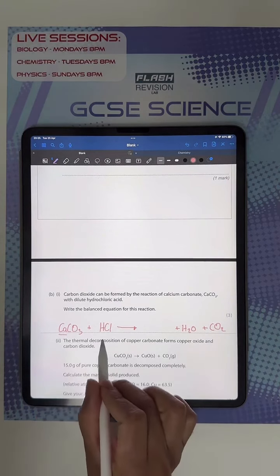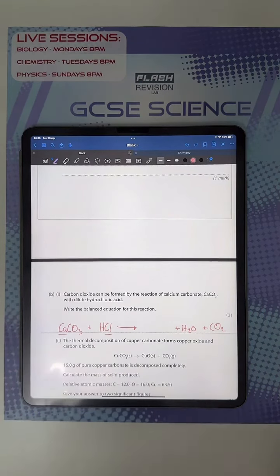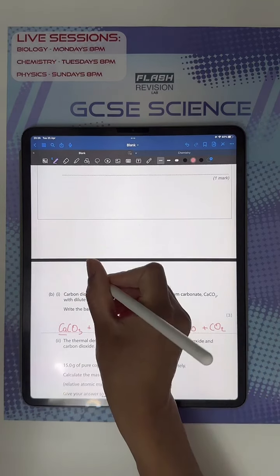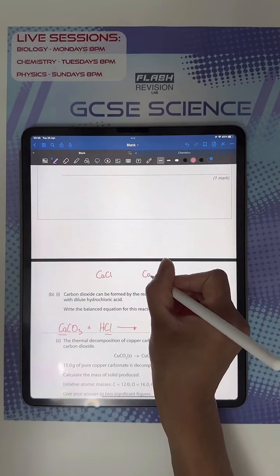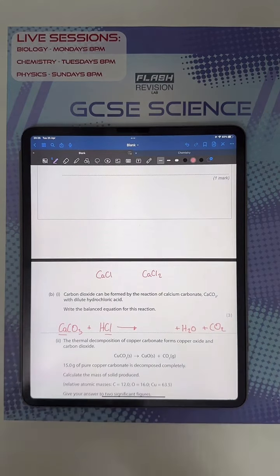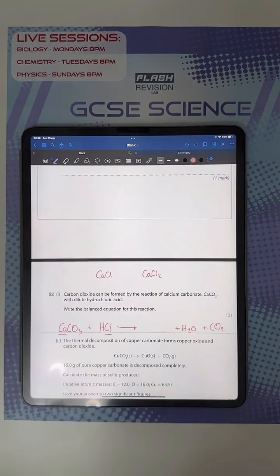What's the salt? We've got calcium, we've got chlorine here. Right, good. Calcium chloride. Someone put CaCl2, someone put CaCl. Which one is it? And how do you work it out?